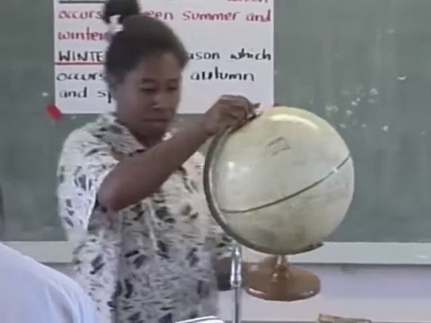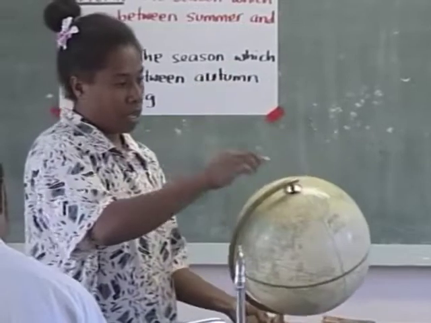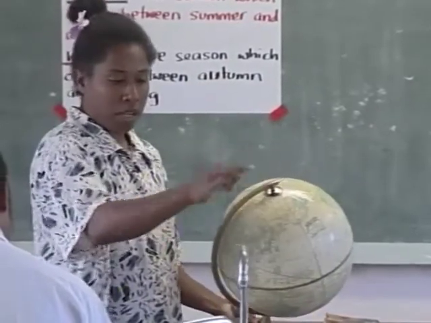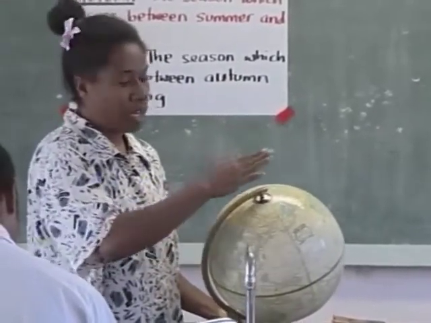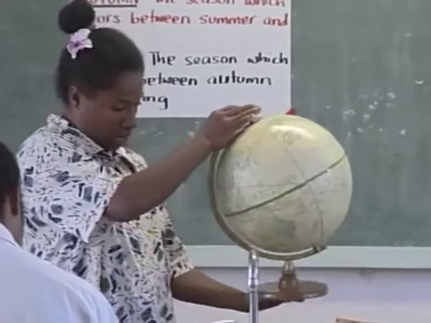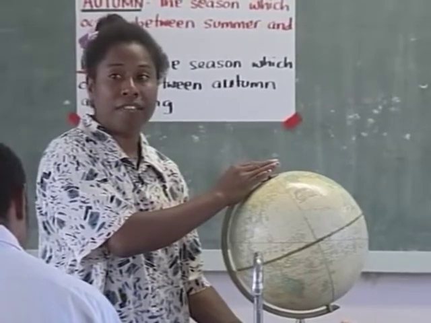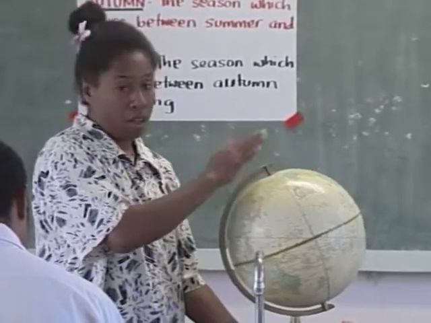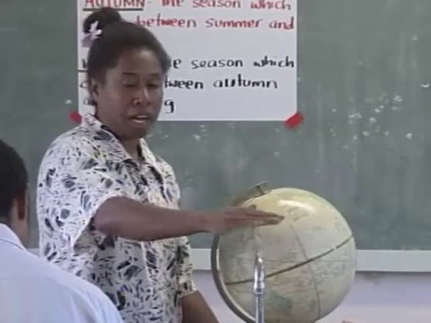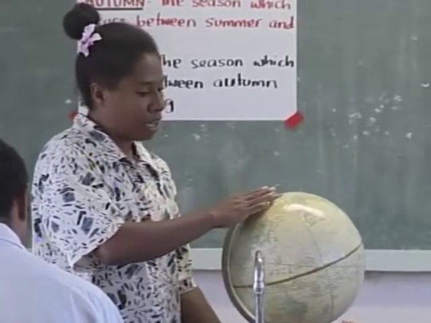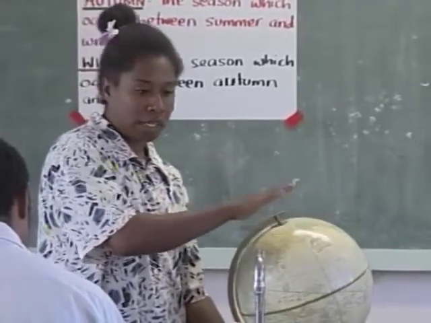So you watch. If I'm looking at the North Pole in line with the sun, when the Earth is in this position, the Earth on its axis is tilted at 66.5 degrees. At this time of the year, in line with the sun, we note that the North Pole is actually closest to the sun.